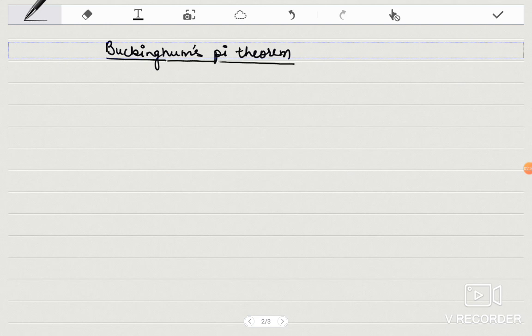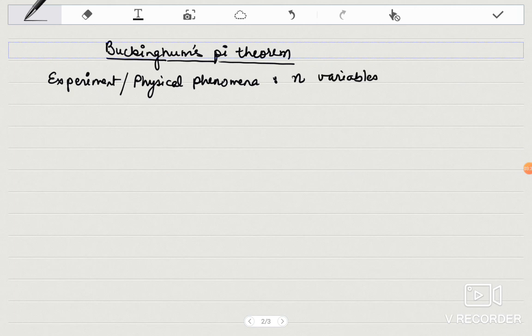In very simple words, you can understand Buckingham's pi theorem in this way: suppose you have some experiment or some physical phenomenon, and in that phenomenon you have n variables or n parameters which are describing this experimental phenomenon.